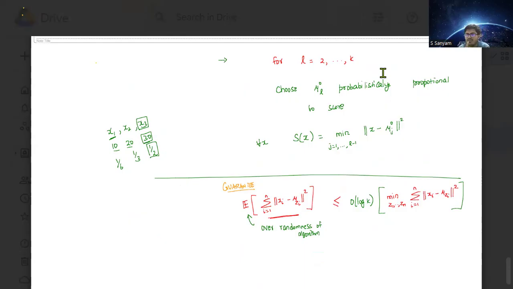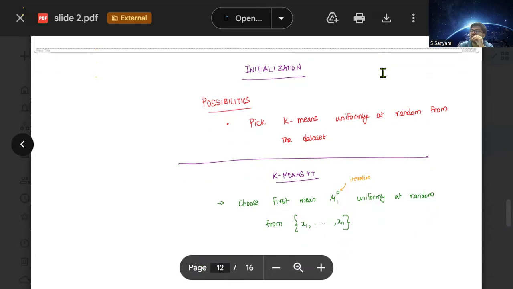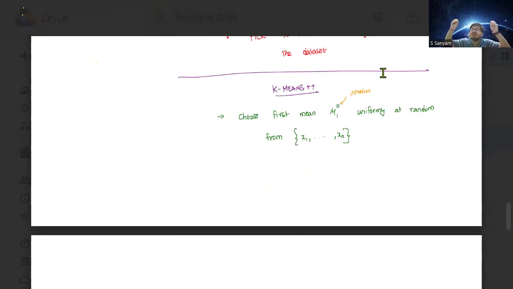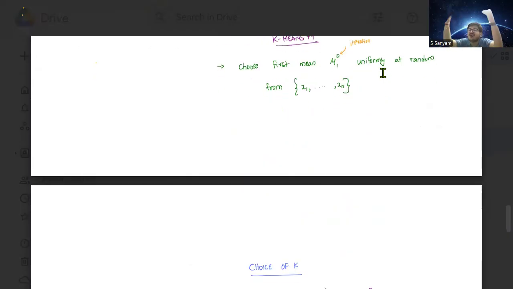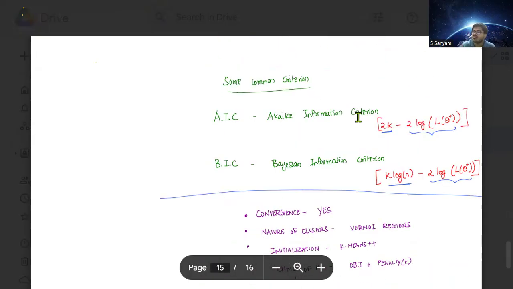First of all, it will choose any first cluster mean, not all the k cluster means. Assume we choose any mean, which is the cluster mean of the first cluster. We choose that, and after that every other cluster mean will be chosen probabilistically. How?